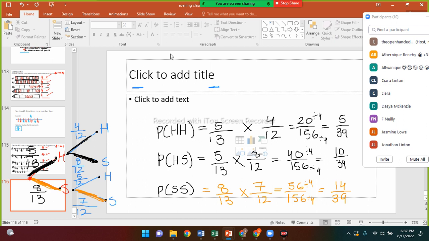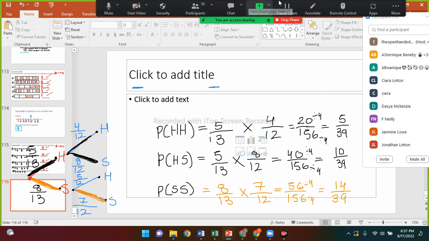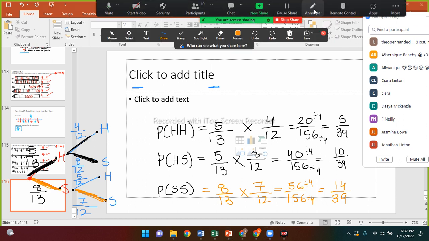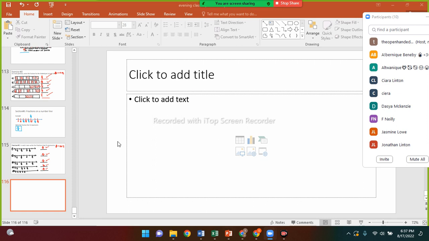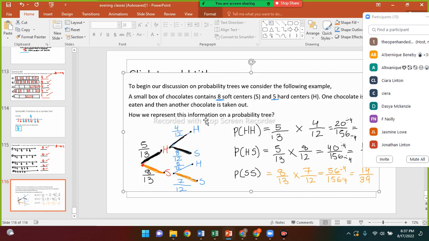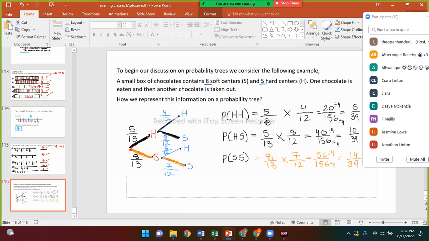I had some more things on this to show you all, but I'll pause for now with probability trees because it seems to me that it's a bit challenging for you all.